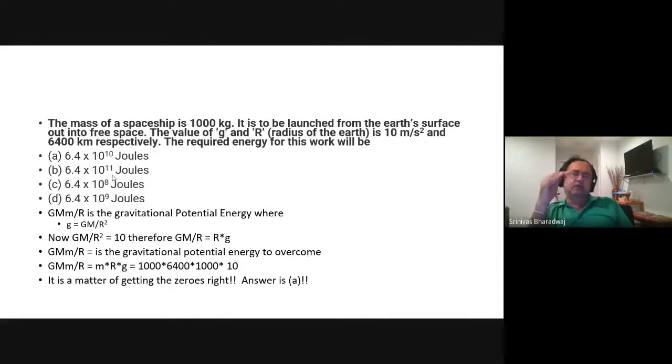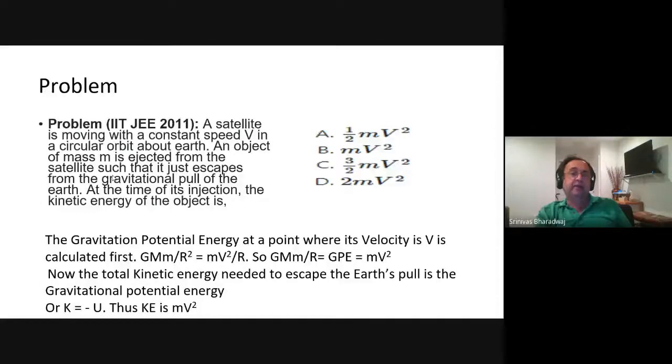As you go up and up, it should go higher and higher. So why is that? GMm by r, but actually by convention it has to be negative. So that's how you end up with that. You have to be a little careful with that.